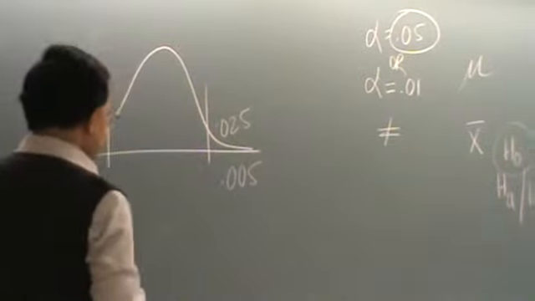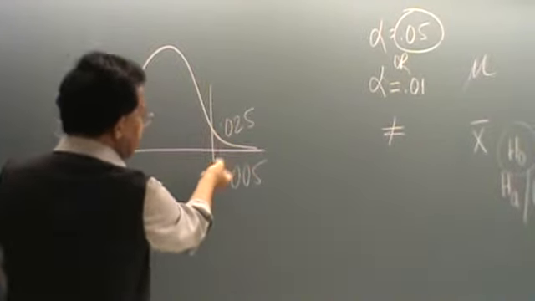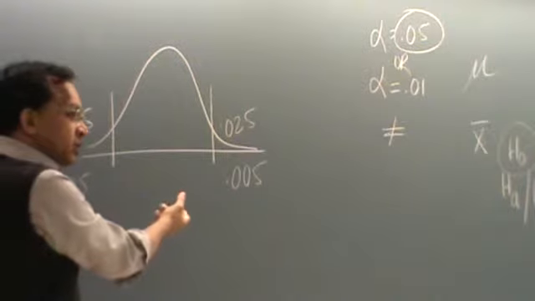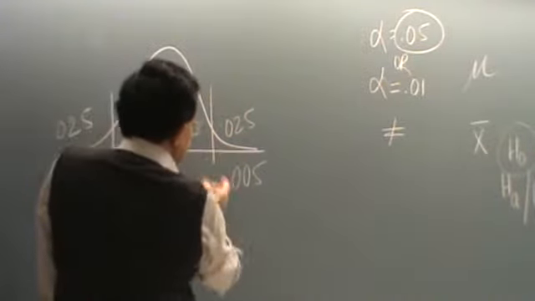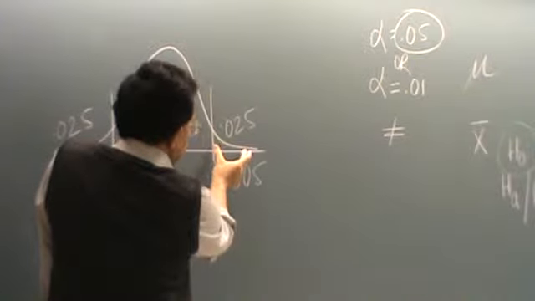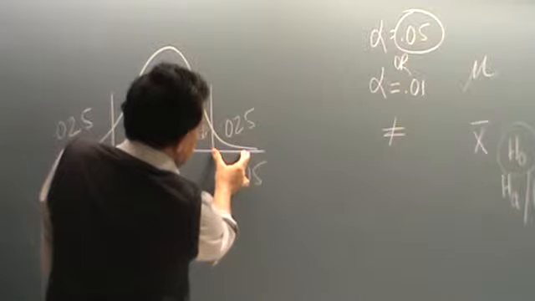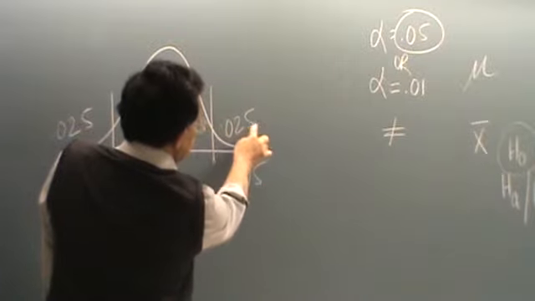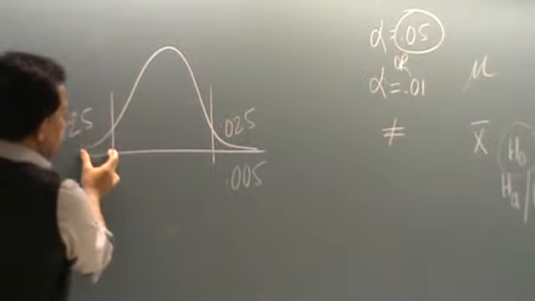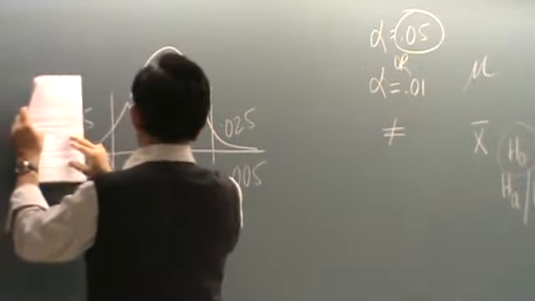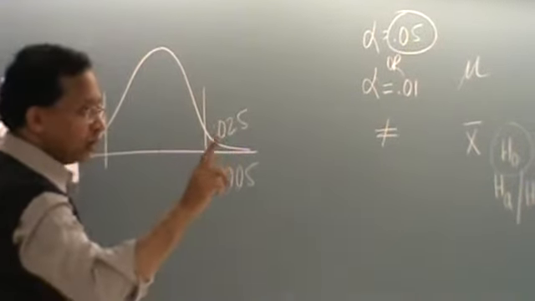So now the question is, how does it help us in rejecting or not rejecting a hypothesis? This is the significance level. That means when we are using this alpha, this area under the normal curve is 0.025. This area under the normal curve is 0.025. And we know the whole thing under the normal curve is what? 1.0.